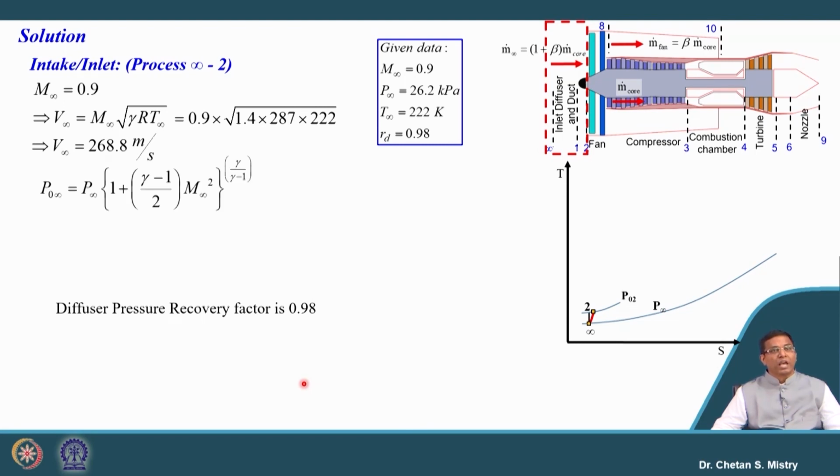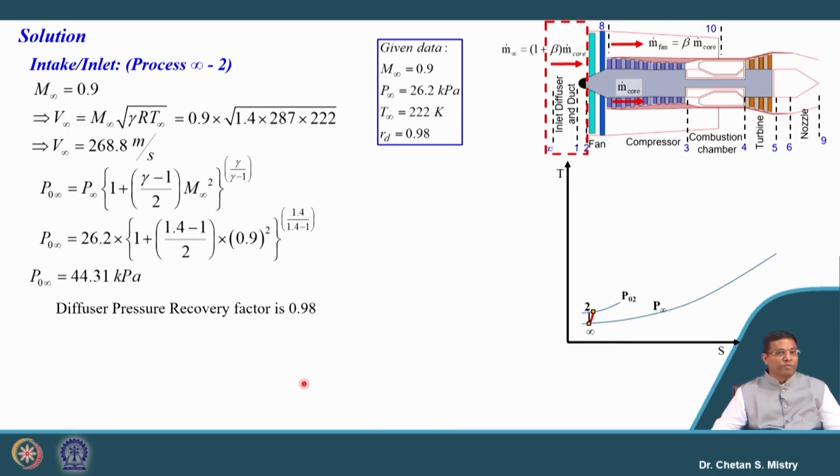We can do the calculation for P0 infinity, since this Mach number is known to us. If we put this number, my P0 infinity is 44.31 kilopascal. In the previous numerical our M infinity was 0, so be careful in doing the calculation.